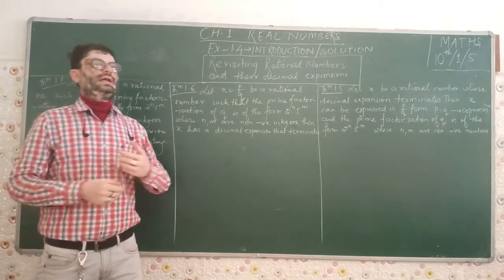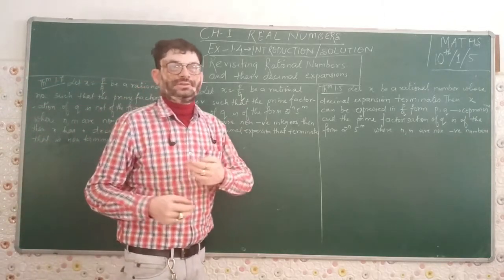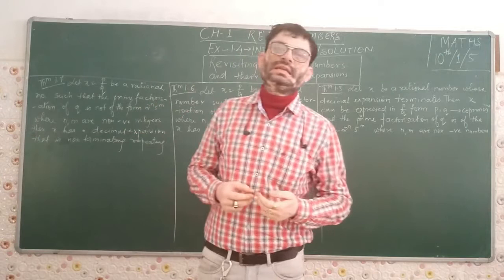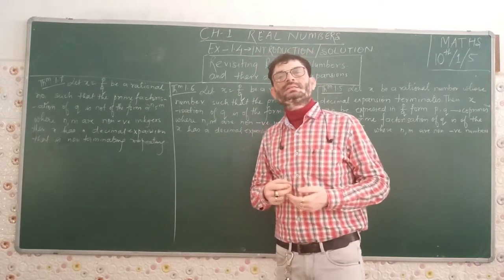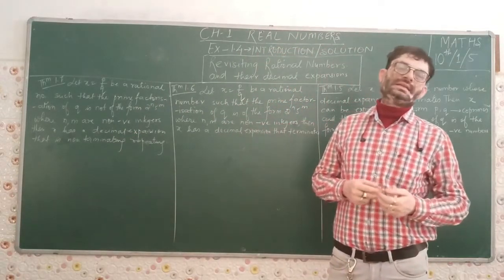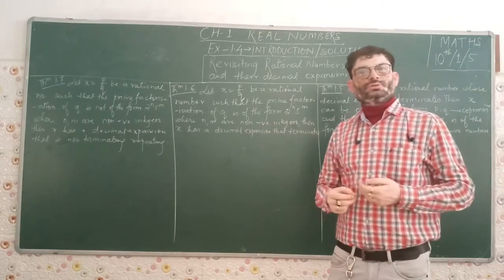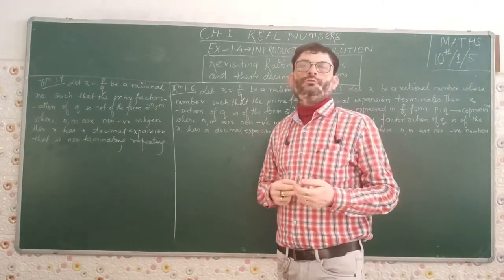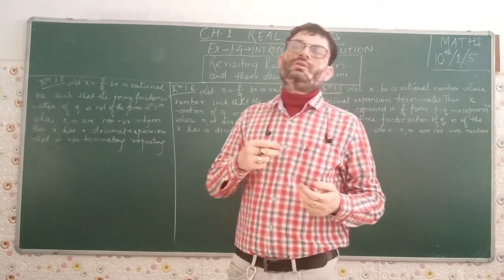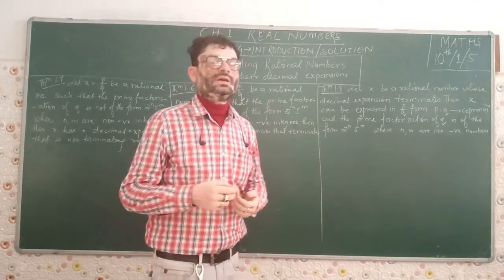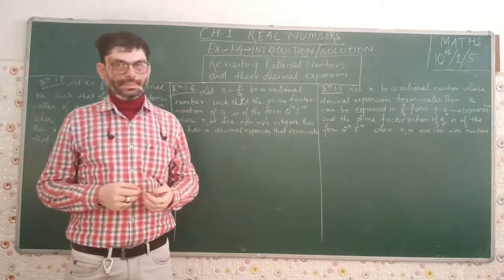But every time we need to divide to check whether it is a terminating decimal expansion or non-terminating decimal expansion. Without dividing also, we can know whether a given particular rational number is terminating or non-terminating.